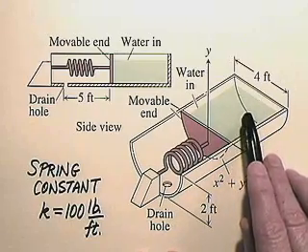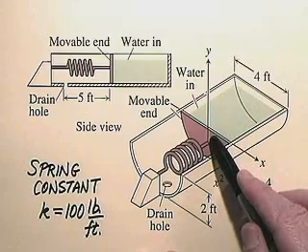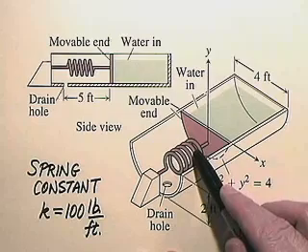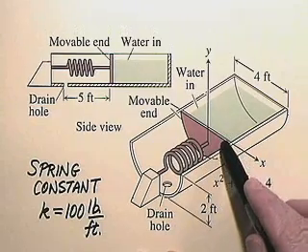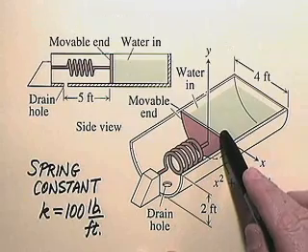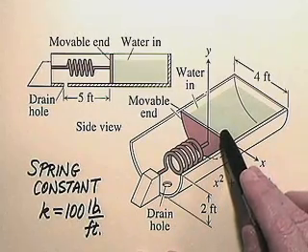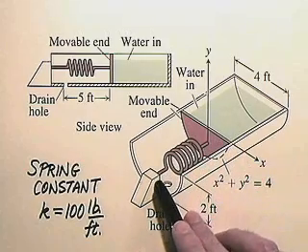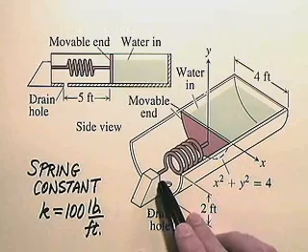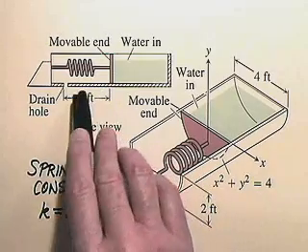As we fill the tank, the force on this plate increases, and naturally that pushes the plate back. So here's the question. Will the tank overflow, or will the force on the plate as the water rises be large enough to push the plate back over the drain hole so that the drain hole will protect the tank from overflowing? Here's a side view.